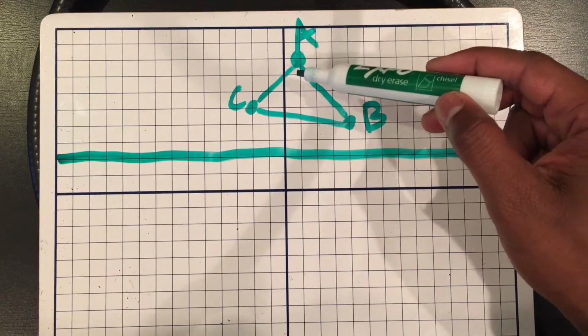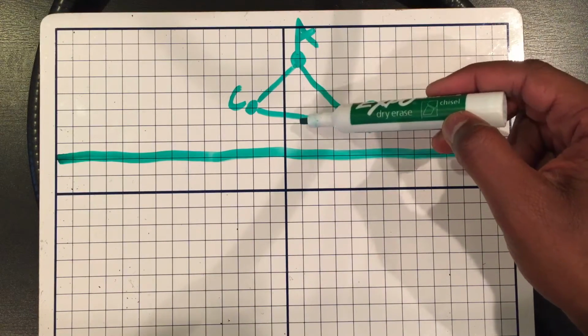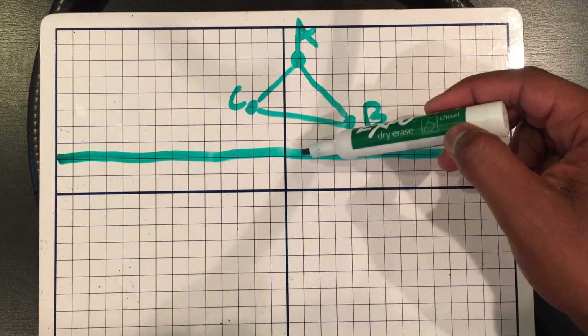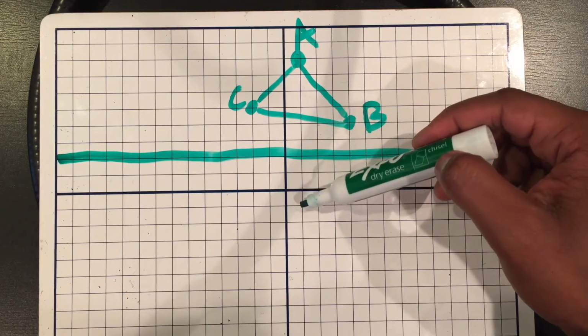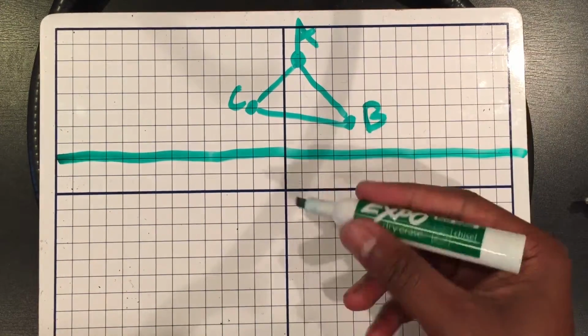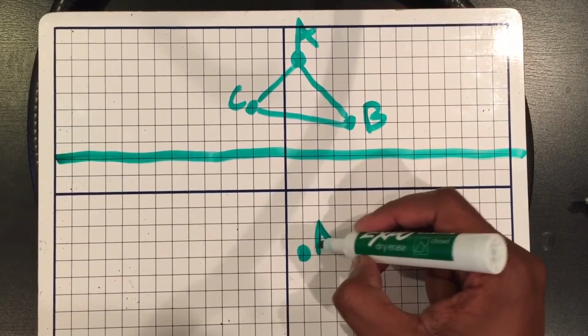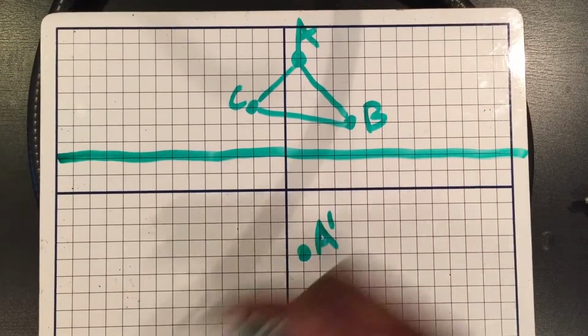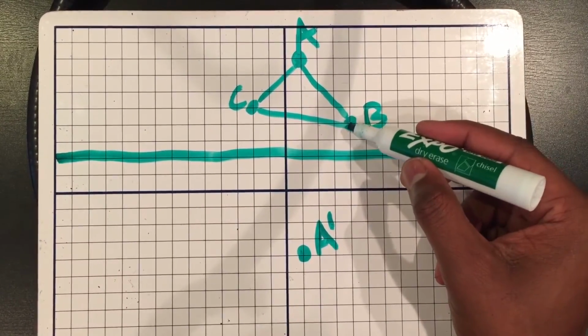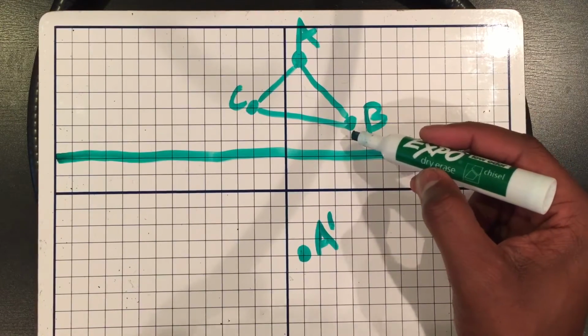So for A, it is 1, 2, 3, 4, 5, 6 above this horizontal line of reflection. So we want to move 6 below that. 1, 2, 3, 4, 5, 6. And this is where A would go. We call that coordinate A prime. For B, B is 2 above the axis of reflection.